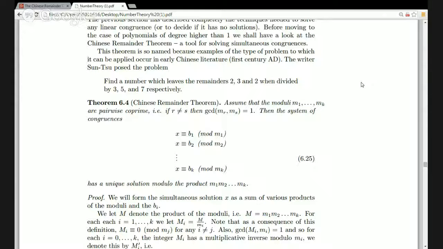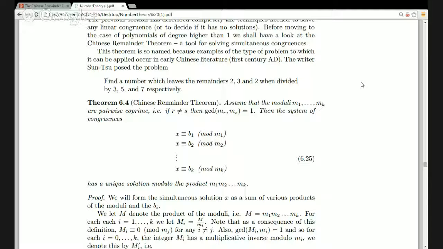A unique congruence class, say the congruence class of b modulo capital M, where capital M is the product of all these little m's, up to k, such that this integer b is congruent to the little bi modulo the little mi.